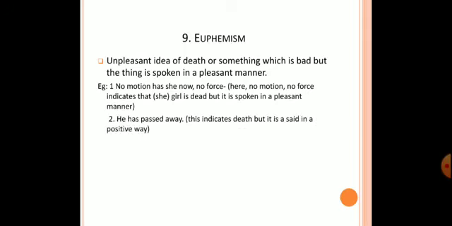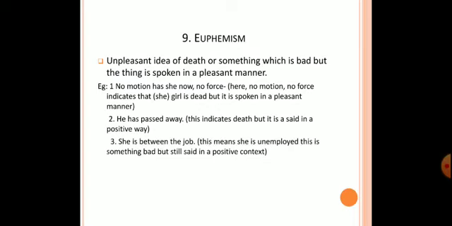The next example is, he has passed away. Now passed away means that the person is dead, but still it is being said in a positive manner. Third example is, she is between the job. Now over here, between the job means she is still unemployed. We cannot directly say to someone that the person is unemployed or is not having a job.